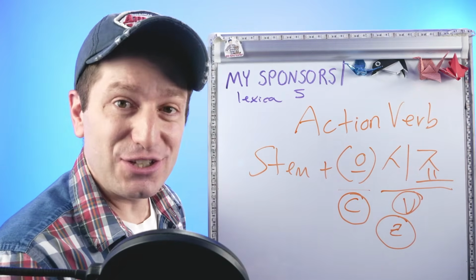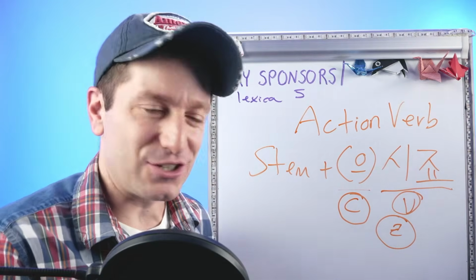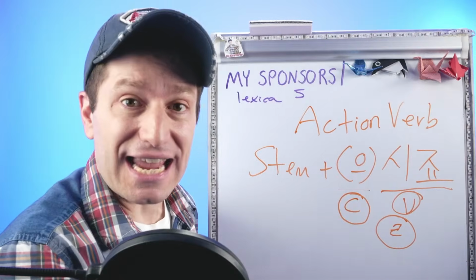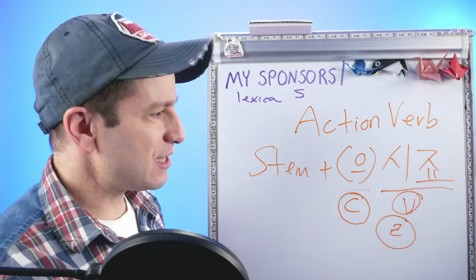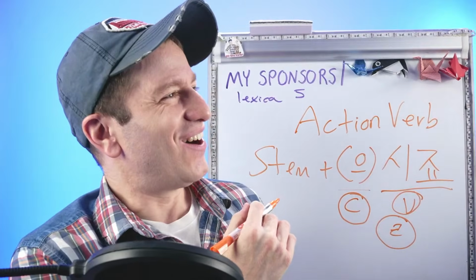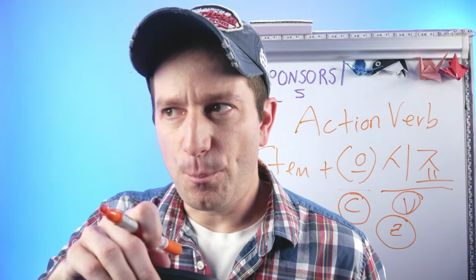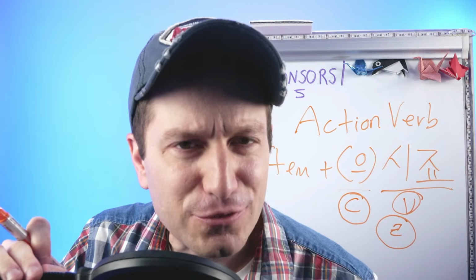Yes, you can use this to strangers. You can use this to people who are much older than you. It sounds very soft and polite. It doesn't sound overly formal. It sounds like, let's go, let's eat. It has that feeling. But there's something sinister you have to know about this form.